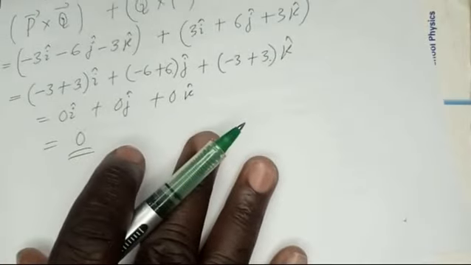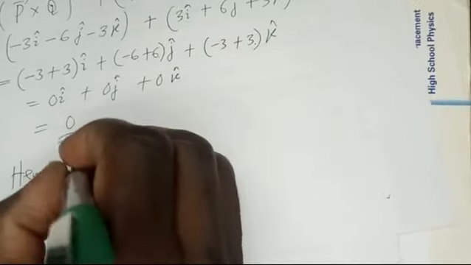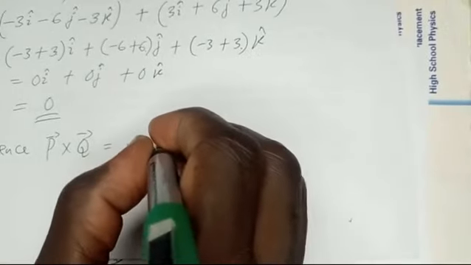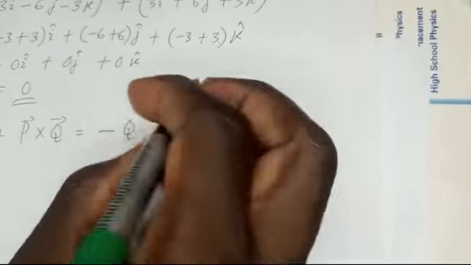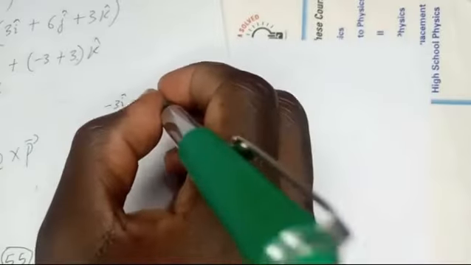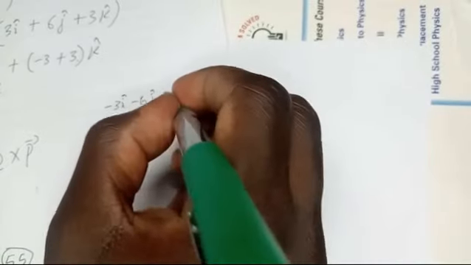Hence, now that we have 0, we can say our P cross Q is negative Q cross P, and it makes sense because Q cross P is the negative of the other one, because at the end you got minus 3I cap minus 6J cap minus 3K cap.